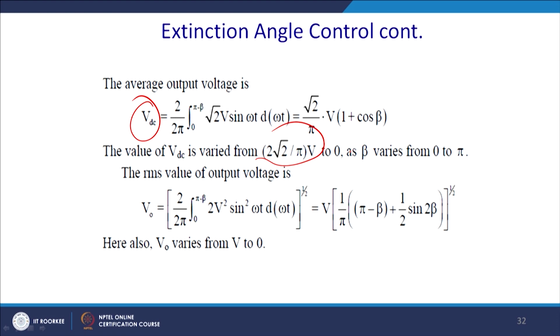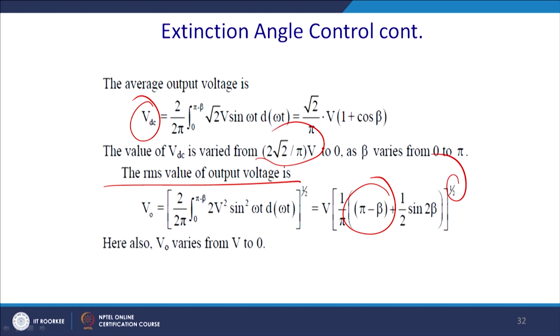Similarly, you can have the RMS value V0. In the same way, you can integrate from 0 to pi minus beta of 2 V square sin square omega t dt, which equals V times 1 by pi, pi minus beta plus half sin 2 beta, to the power half.